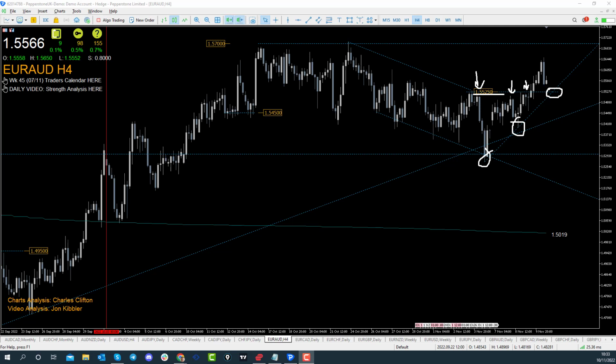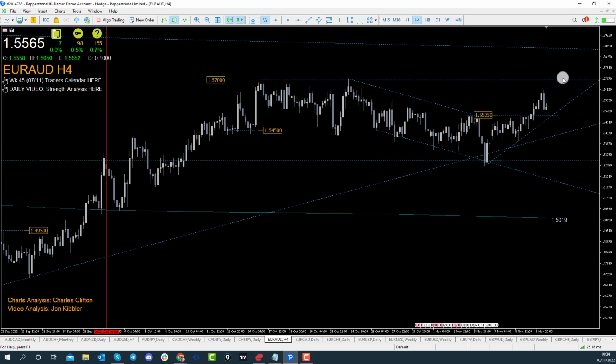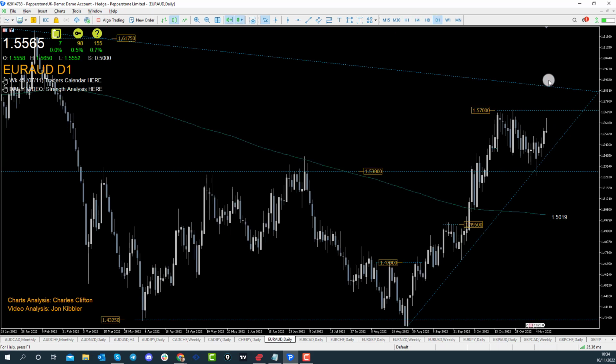So what day traders could be looking for is if price comes back into the 1.5525, forms a rejection in and around this area here, you could be looking for moves up to the 1.57 handle. That's where you could look to take some profits off the table, and if price then breaches the 1.57, you could look for that longer term move into the higher time frame trend line, where I would expect some kind of selling to come into the market.